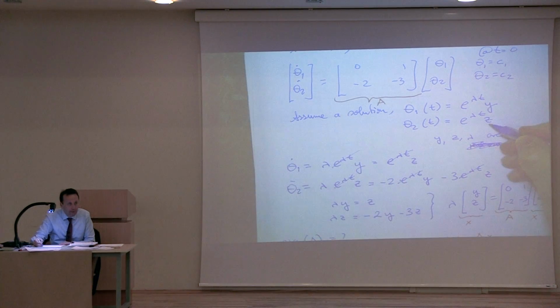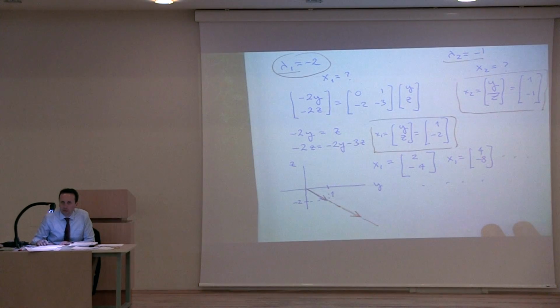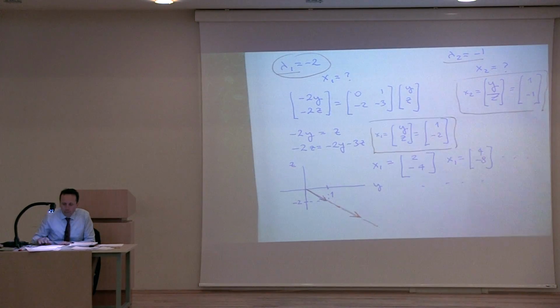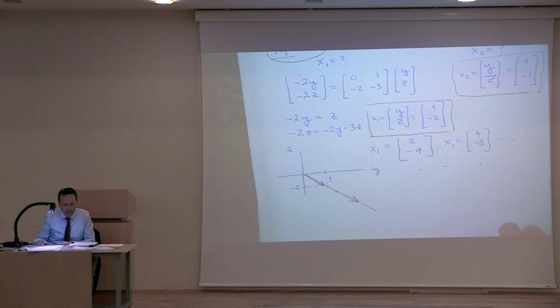Y and z is the eigenvector. Lambda is the eigenvalue. So anything in the direction of the eigenvector is a solution for this one. But I need a unique solution for my problem. So how do I find the unique solution? Any one of these things is a solution. So how do I find this?